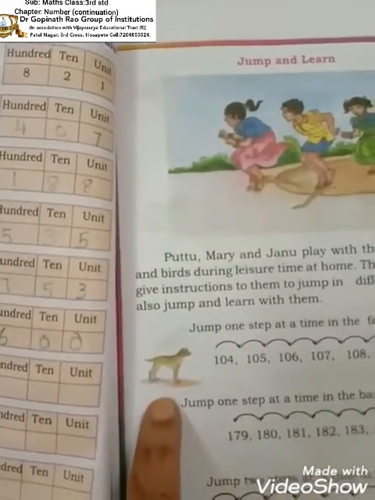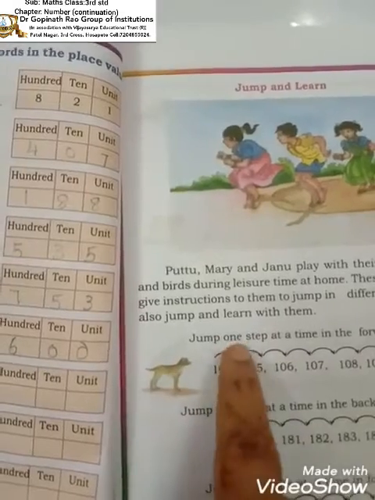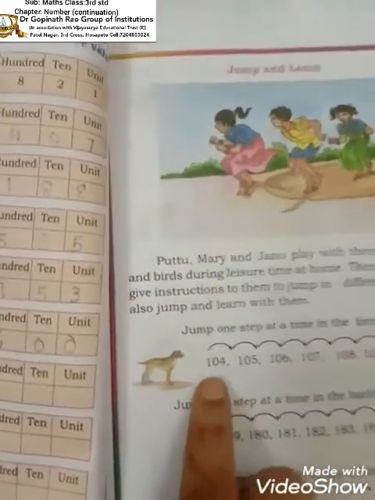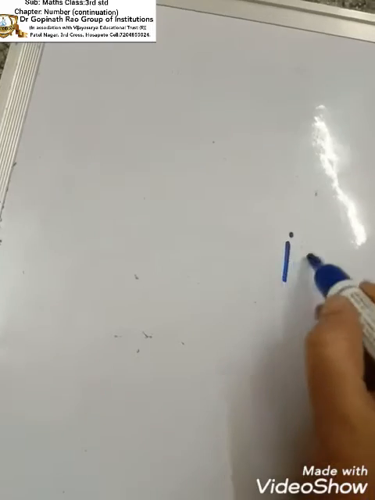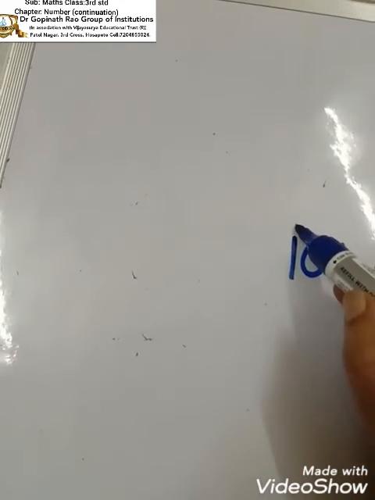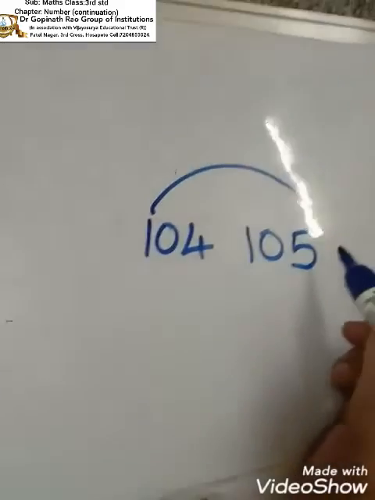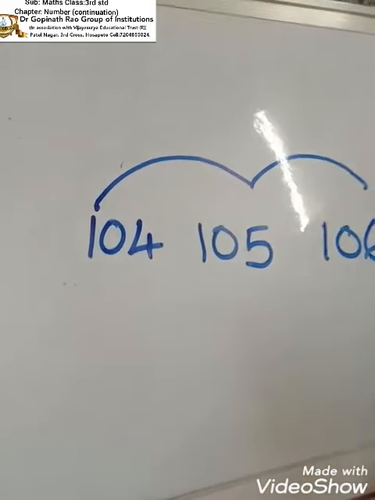See here, the dog is telling to jump one step at a time in a forward direction. It is 104. The dog is in the 104th step. The dog is asking to jump once. So the next step is 105 and the next step is 106, only one time.